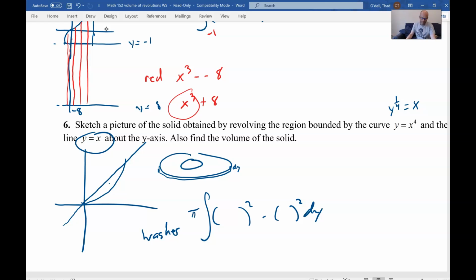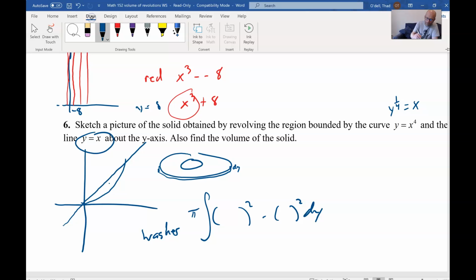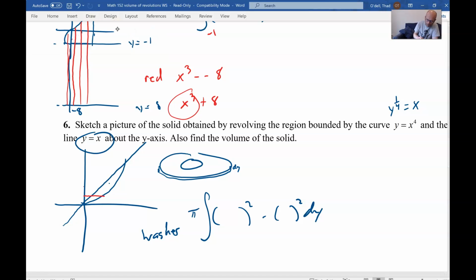Now the next thing I'm going to do: other than that, we're okay, because the radius is going to be pretty easy to see. If I'm picking one washer, for example, the outside radius, the big R, is always going to be determined by that curved line, right?